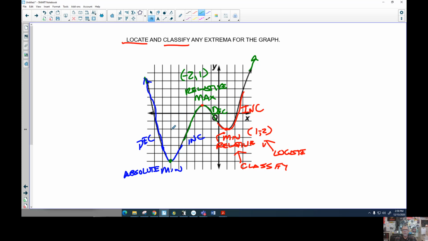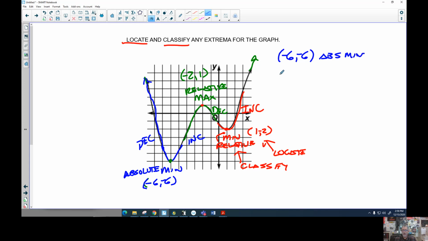Going back to this one, we're back 1, 2, 3, 4, 5, 6. So -6, 1, 2, 3, 4, 5, 6. -6, -6. So all of these are located and classified. Now, I wouldn't normally do this on the graph. If they asked me to do this, I'd probably list them to the side. And I would just write, say, -6, -6, and say that is an absolute min.